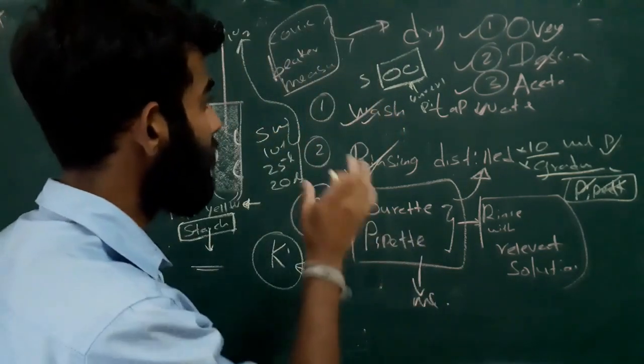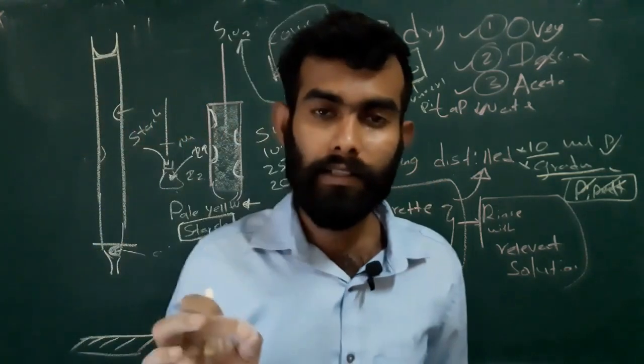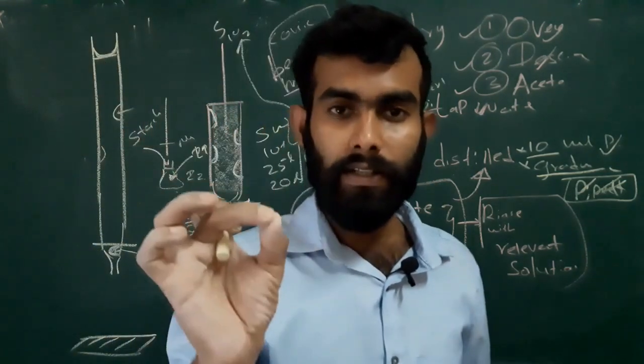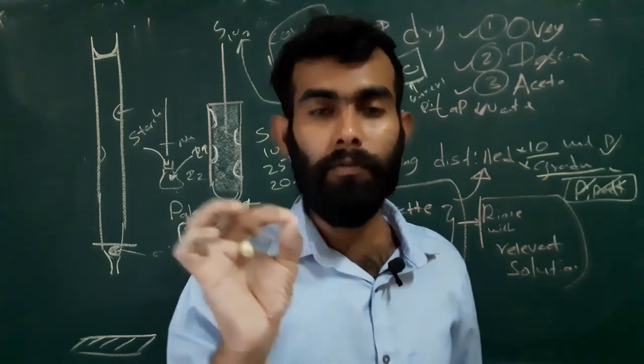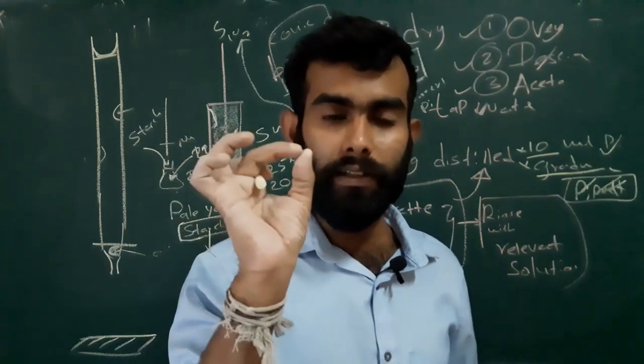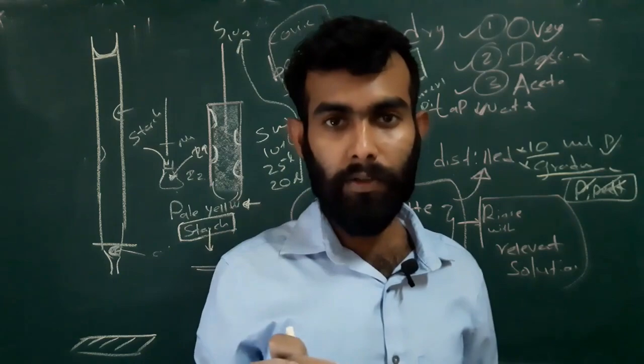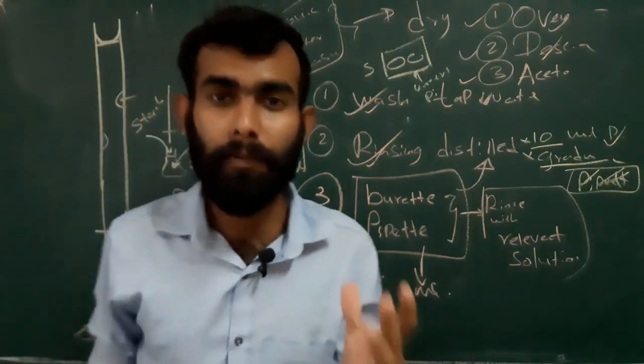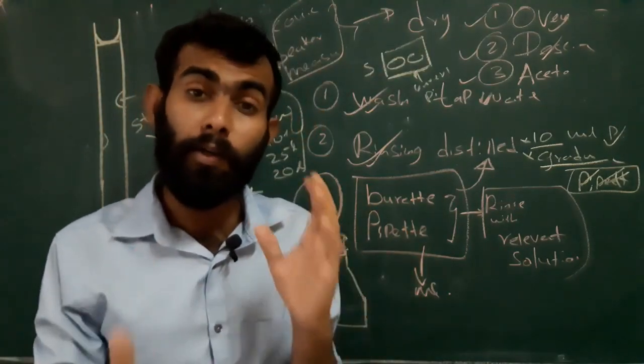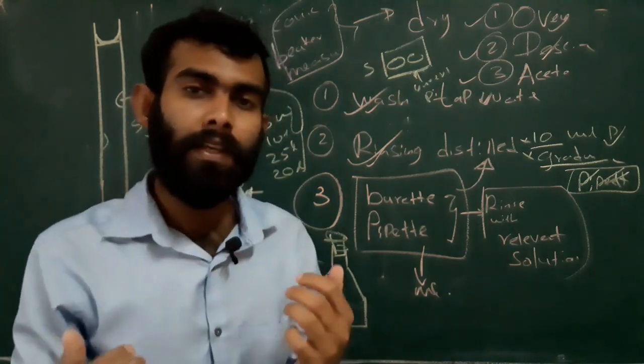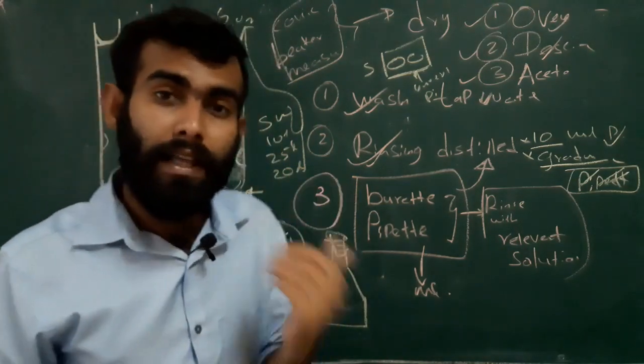According to the stoichiometry, we know the concentration and the volume of sodium thiosulfate, and we will calculate the amount of sodium thiosulfate. By using that amount, according to the stoichiometry, you know the amount of iodine.